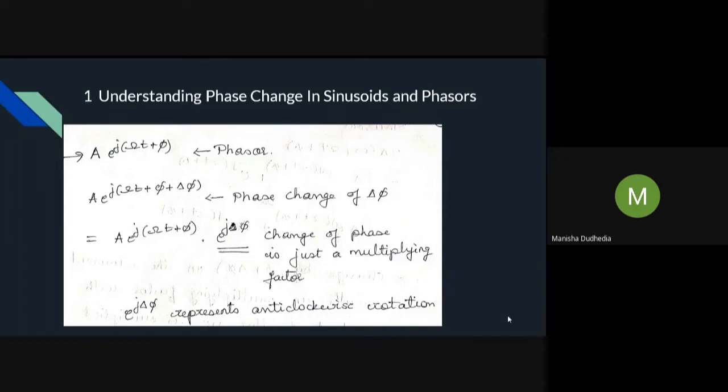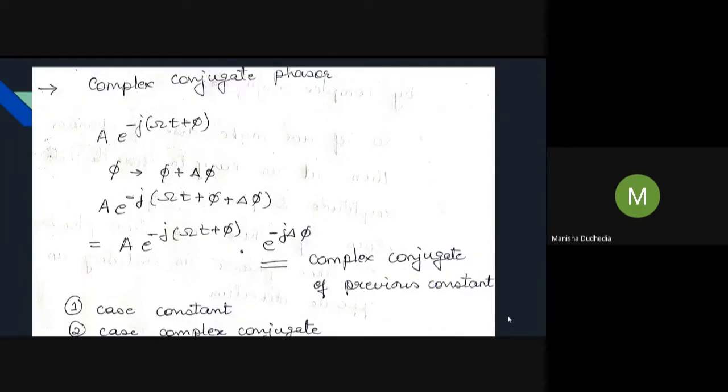Now, the change of phase is reflected as a multiplying factor, and this multiplying factor represents an anticlockwise rotation. Similarly, the complex conjugate phasor is A e raised to minus j(omega t plus phi), where we make an incremental change in phi as phi plus del phi, and we split this as e raised to minus j(omega t plus phi) into e raised to minus j del phi, which is the complex conjugate of the previous constant.